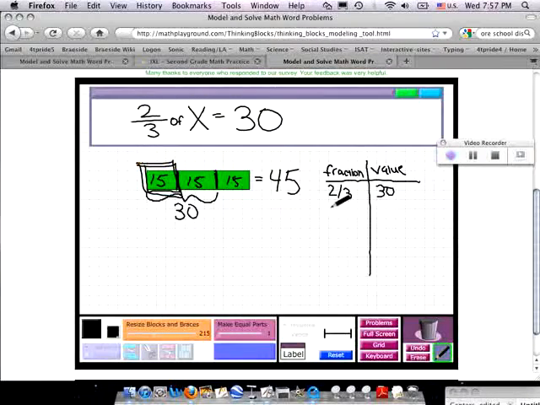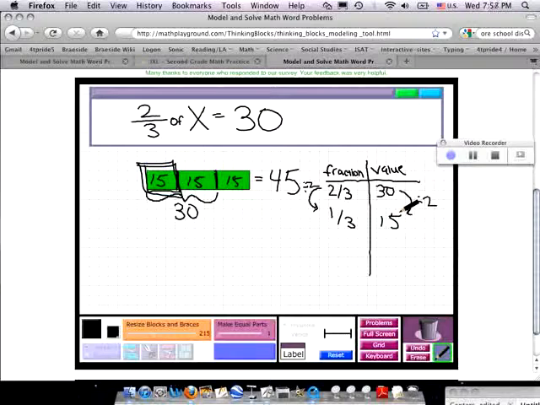So you want to find out what is one of those 3. And to go from 2 out of 3 to 1 out of 3, you're dividing it by 2. 2 divided by 2 would give you 1 part. And whatever you do to one side, you must do to the rest. So you would divide 30 by 2, and you would get one of the 3 parts has a value of 15.